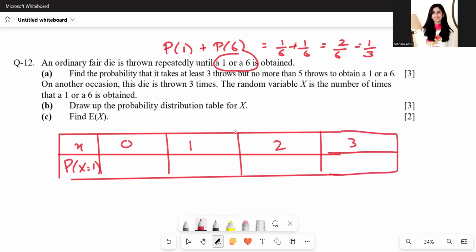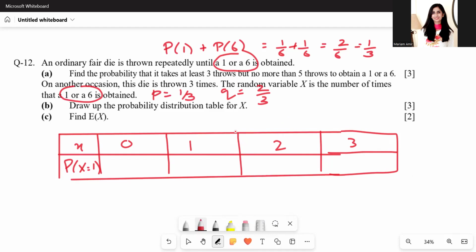Okay, now we have to find each of these probabilities. So 1 or 6 has a probability of success of 1 by 3 as calculated earlier, and probability of failure of 2 by 3 as calculated earlier as well. Now this becomes a question on geometric distribution, that out of the three turns, something happens 0 times, or 1 time, or 2 times, or 3 times.